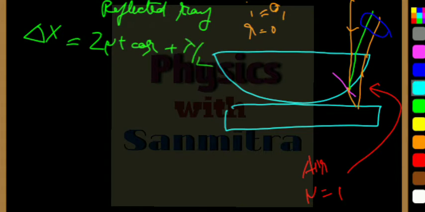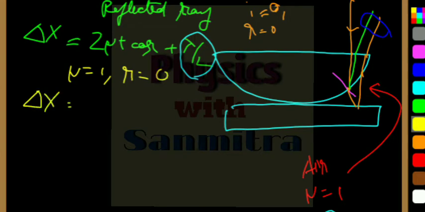This plus lambda by 2 term is for the additional lambda by 2 path difference that is created due to the reflection. Now here mu is equal to 1 and r is equal to 0 since i is almost 0. Therefore I will get delta x is equal to 2t plus lambda by 2.